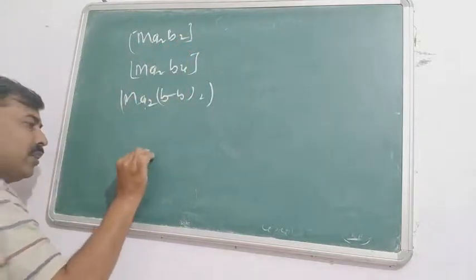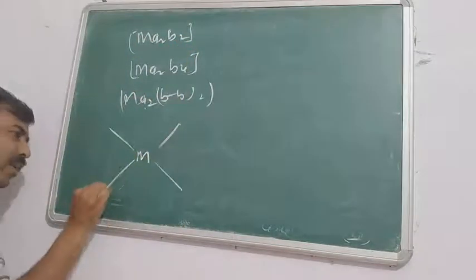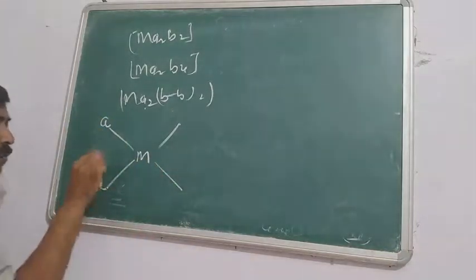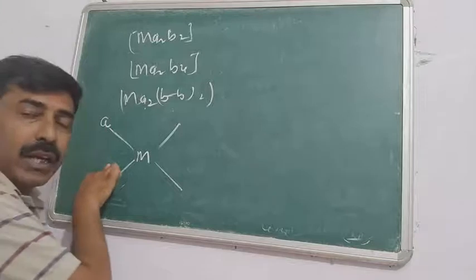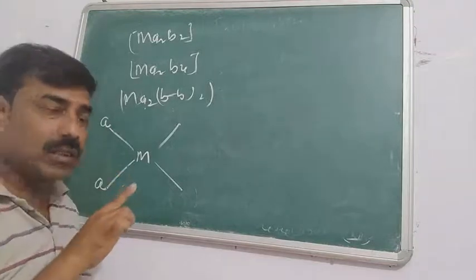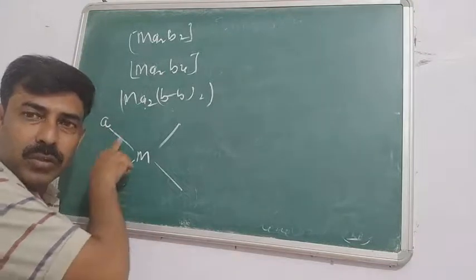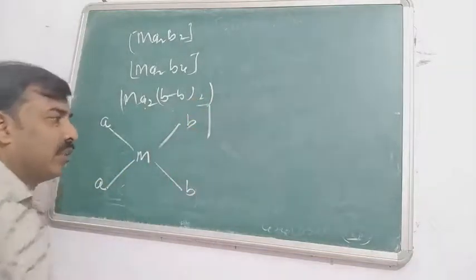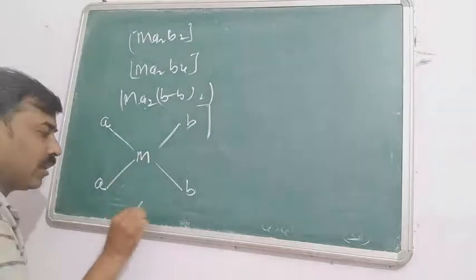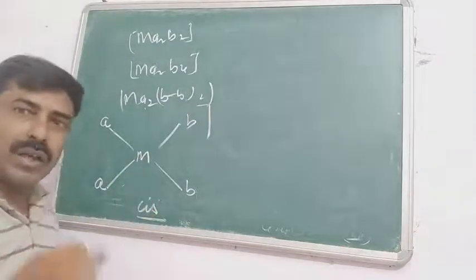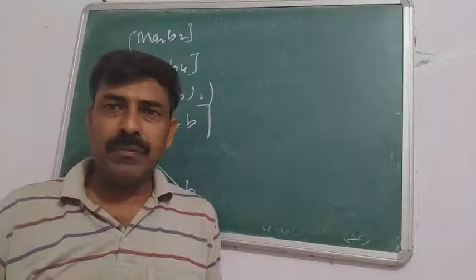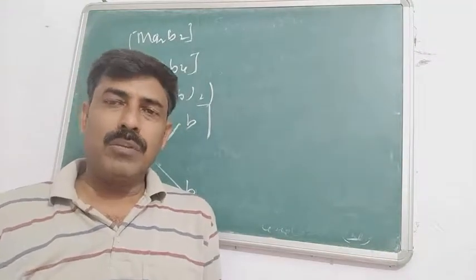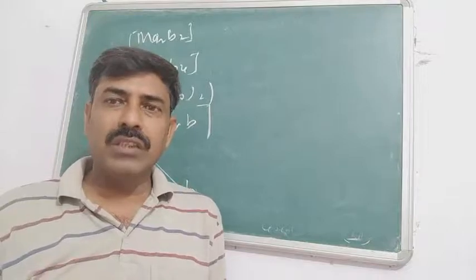This is the condition Ma2B2. This is the A and the next A. You can see both the identical ligands are on adjacent positions, next to each other, and again the B is adjacent to the other B. Then this condition is called the cis. When the identical groups are adjacent to each other, it is called the cis isomerism, and when they are away from each other, that is called the trans isomerism.